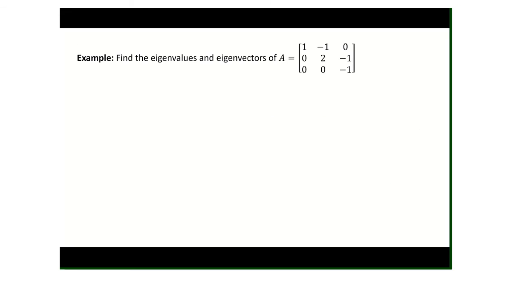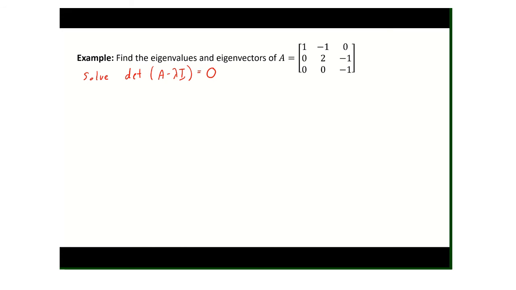So here's an example. Find the eigenvalues and eigenvectors of this matrix. First step is we find the eigenvalues. So we have to solve, using what we had before, for the determinant of A minus lambda I equals 0. And we know how to find a determinant.